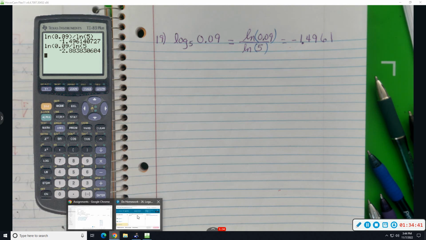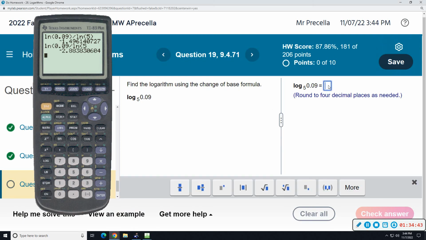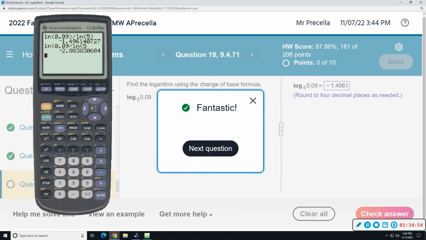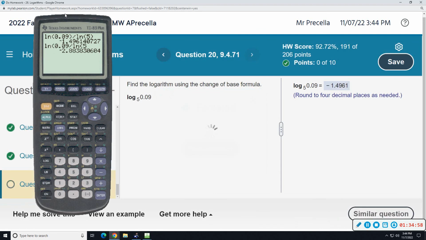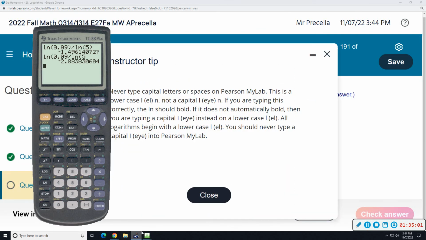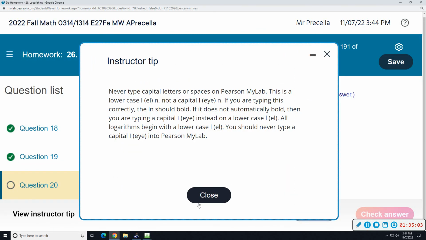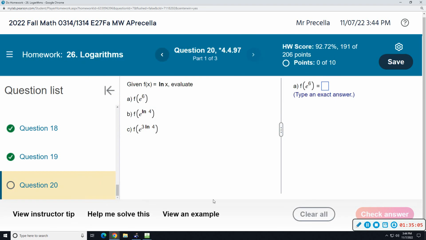So, I'll show y'all that this is negative 1.4961. Okay, and we are finished now with this calculator.